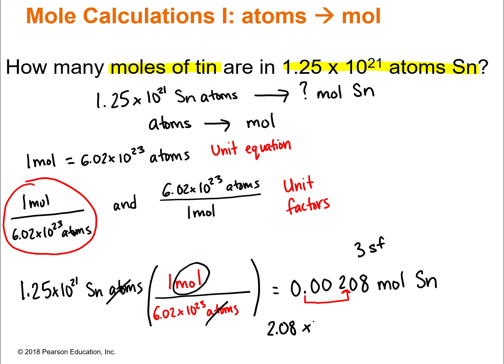That's our coefficient, because the coefficient has to be at least 1, less than 10. To figure out the power of 10, we figure out how many decimal places we had to move. 1, 2, 3. But we're not done yet. The number we started with is smaller than 1. That means that the power of 10 has to be negative.